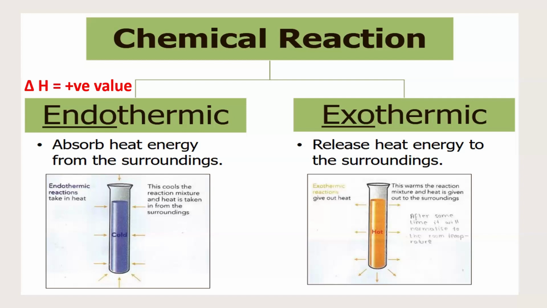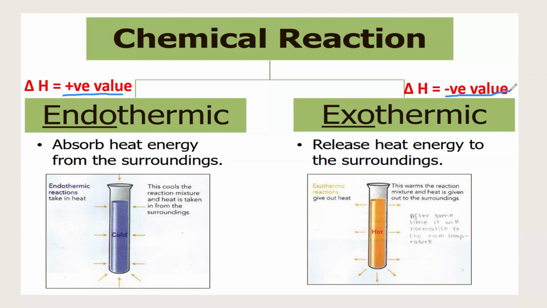Also, it's very important to know about the enthalpy change. In an endothermic reaction, there is a deposit of heat, so delta H will be a positive value. While in an exothermic reaction, delta H is a negative value. Consider it like a bank account.